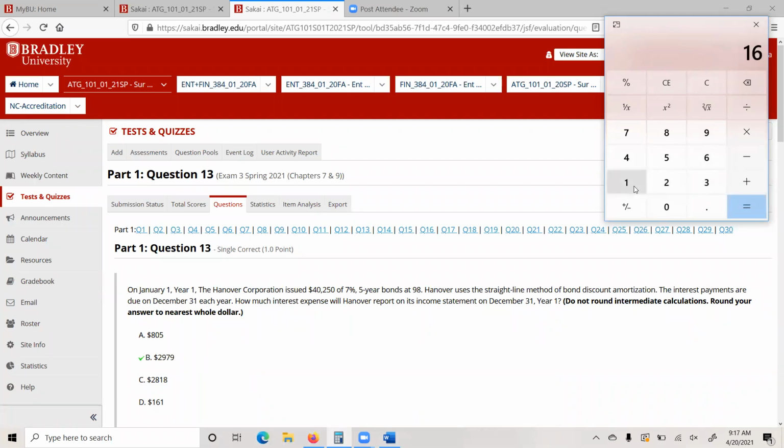Interest expense would take into account 1/5 of that total bond discount as amortization. So now this is what we round to the nearest dollar. So the official answer would be $2,978.50. They tell us round to the nearest dollar.